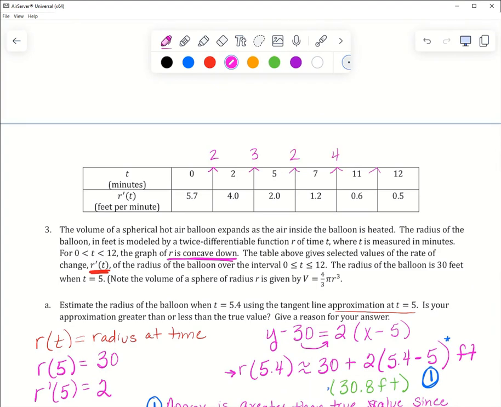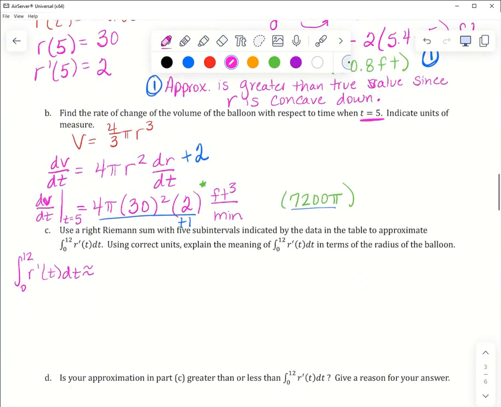These would be my widths of the rectangle. It says a right Riemann sum. So my numbers are coming from 2 times 4 plus 3 times 2, 2 times 1.2. That's where my numbers are coming from. I'm using the 5 rightmost. So these are my widths, these are my heights, and I'm going to write that out because they like me to. 2 times 4, base times height, and on down the line.